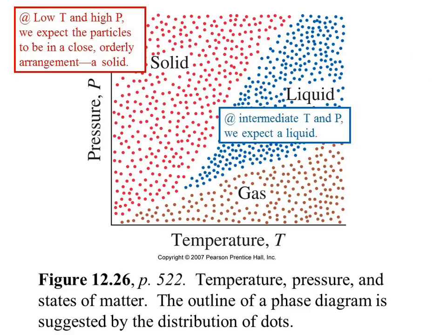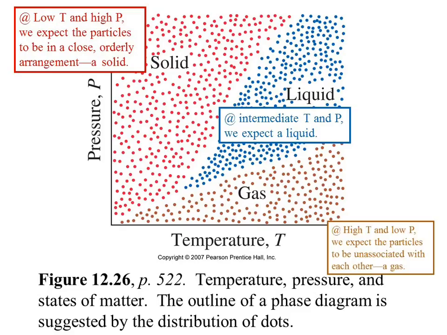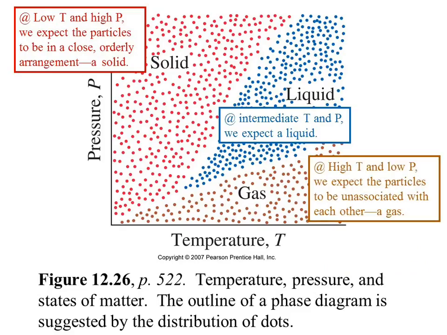The in-betweeners, moderate pressures, moderate temperatures, liquid. And if we look at the other extreme down over here, high temperatures, something's generally going to be a gas. And actually that coincides with low pressures, just in general.